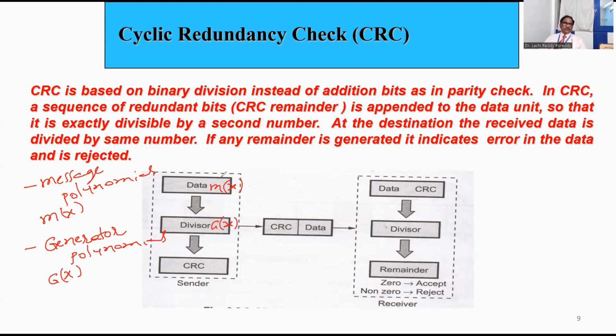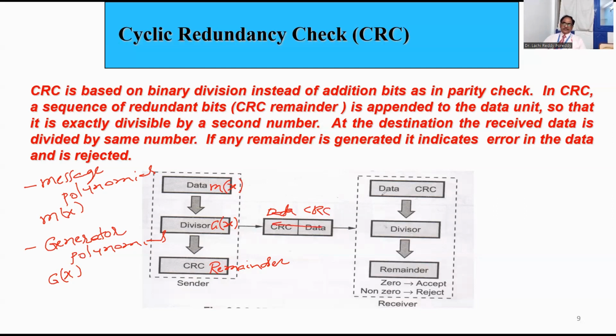Now what we'll do is divide the message with the g of x. Whatever remainder we get, we are going to use as the CRC character, cyclic redundancy check character. We will append this CRC character to the data. Actually, it is shown like this: data on the LSB side, CRC.